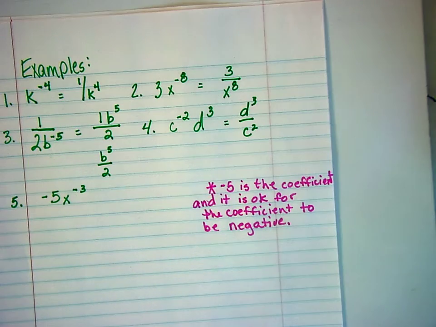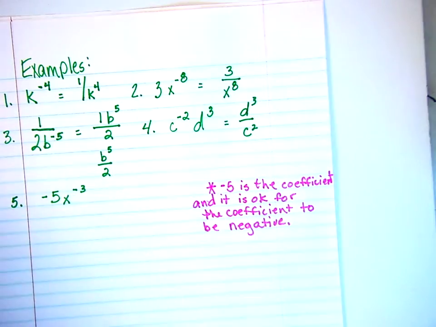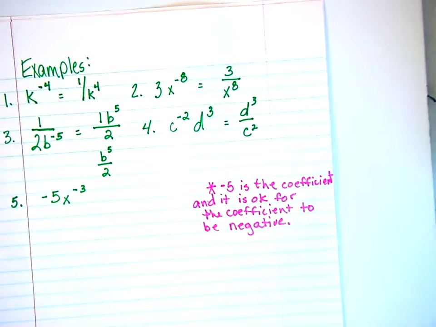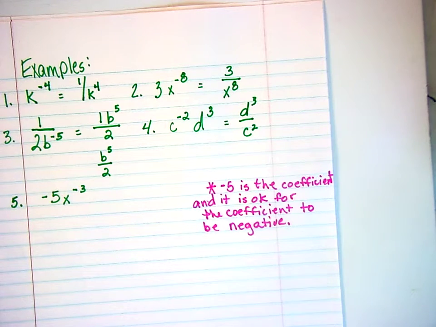Okay? So once you simplify it, the 5 is going to stay negative. Leave it alone. It's not being affected by a negative exponent.